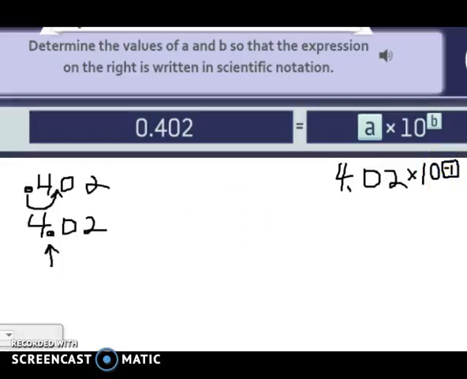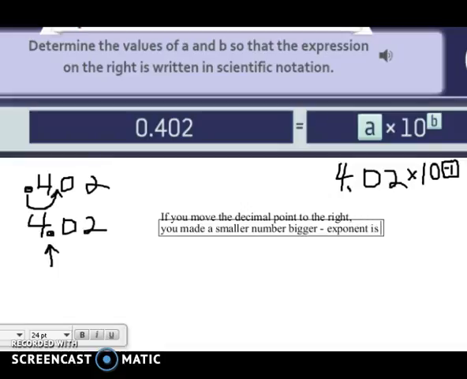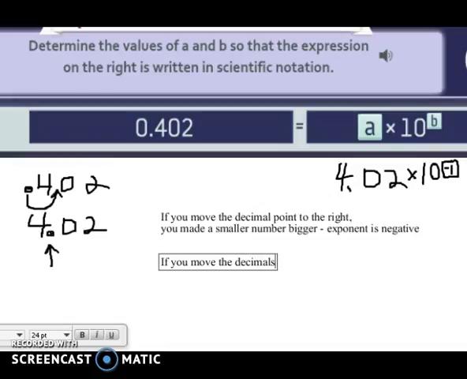Okay, so for this part, let me write out an easy way to remember all this. If you move the decimal point to the right, you made a smaller number bigger, so your exponent is negative. If you move the decimal point to the left, let me give you an example of that.